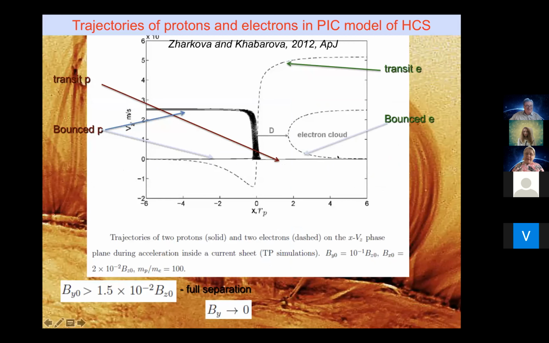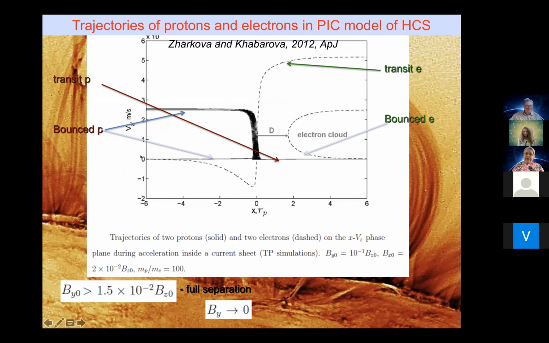Your particles enter and are dragged in by magnetic diffusion into the midplane x equals 0. The protons and electrons are dragged from both sides, but they are assigned by this magnetic topology to be ejected, in this case, protons to the negative semiplane and electrons to the positive.